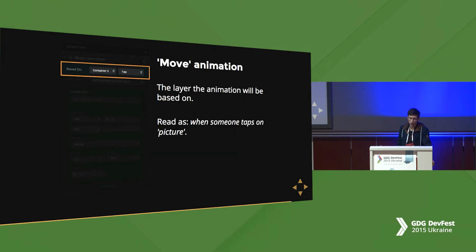Now, how to create a move animation. So first you need to set on which layer your animation will be based. That's container 2. It's the ID of our detail view, and it is based on a tap. So actually you need to read it as when someone taps on our container 2, so on our image.